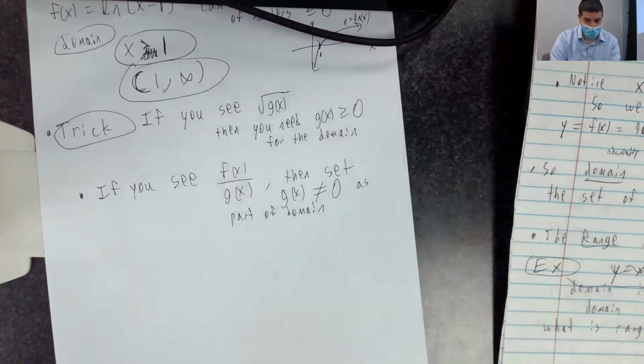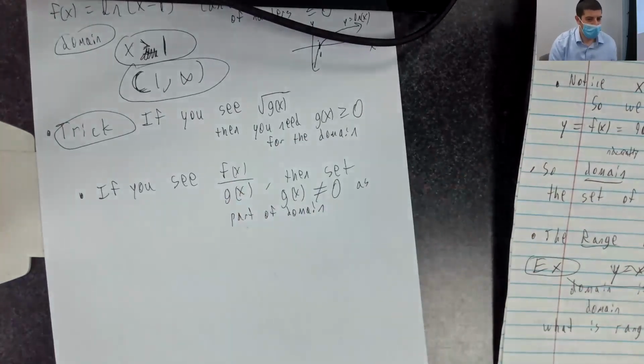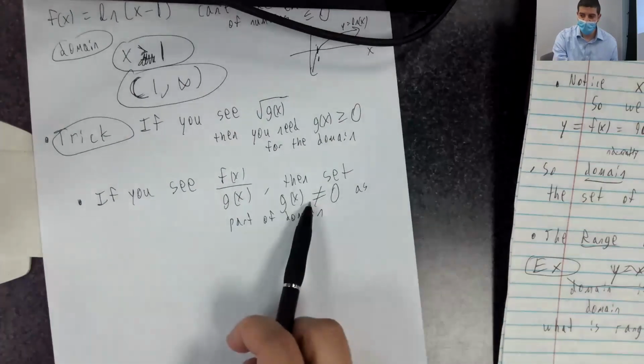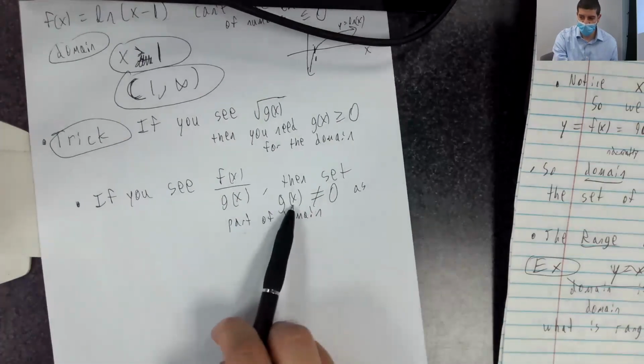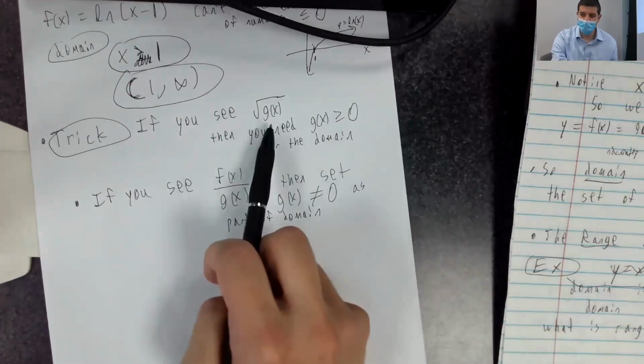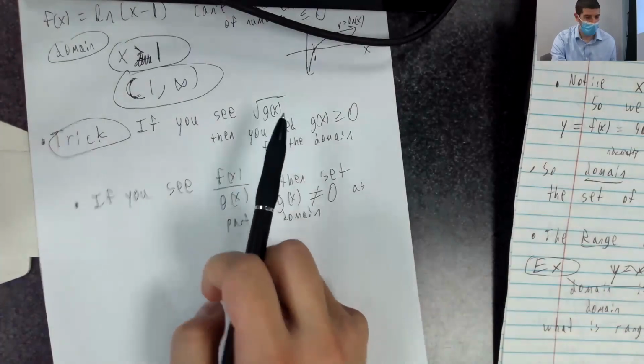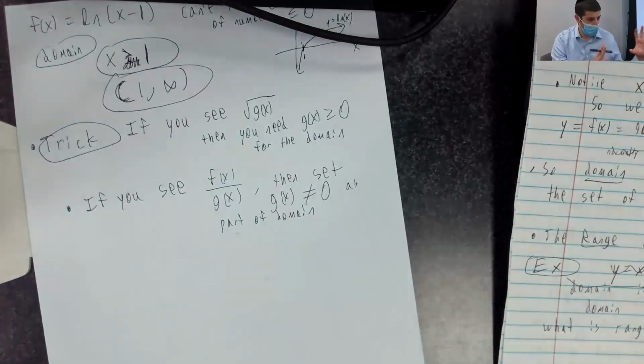Okay, so this won't work for every problem. This just works for most of the problems that you'll see. Radicals will give you trouble, and denominators will give you trouble. So the domain is the good parts, right? The domain is making sure that the denominator is not 0. The domain is making sure that whatever stuff is in the radical is positive. Okay.